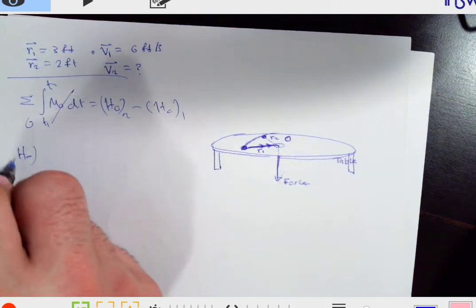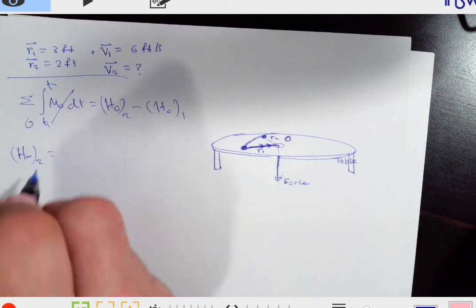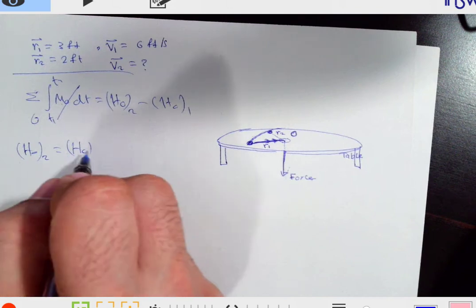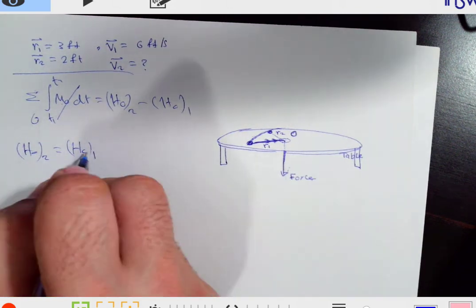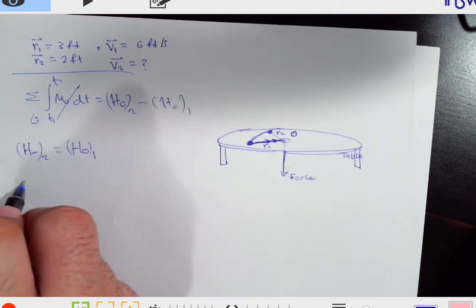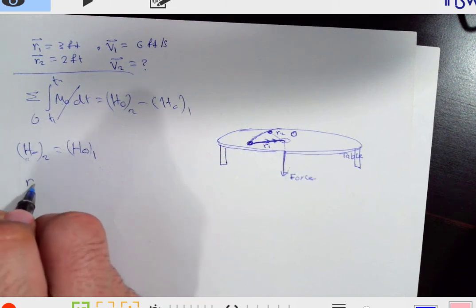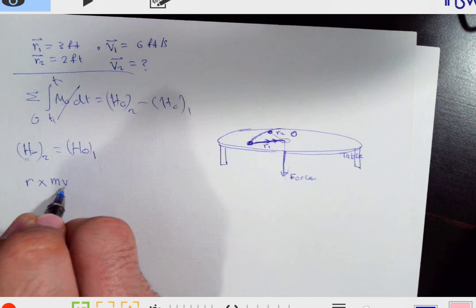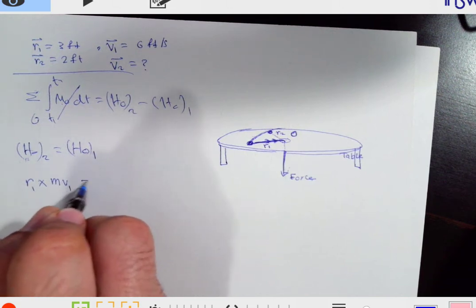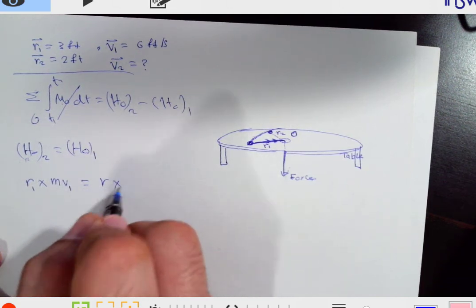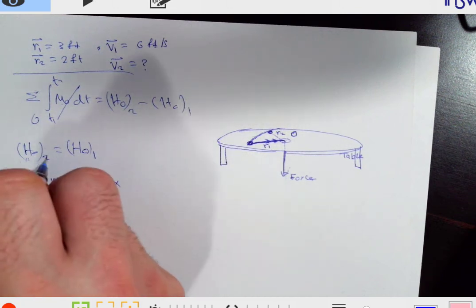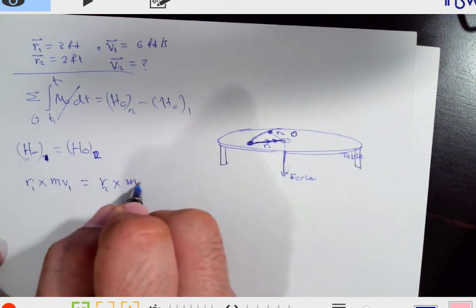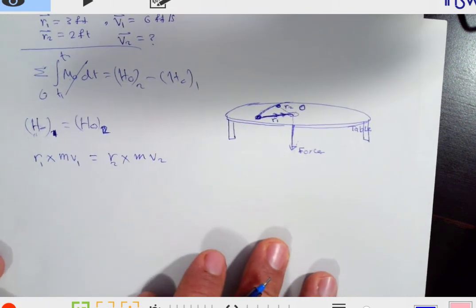So the angular momentum at radius r1 is equal to the angular momentum at radius r2, right? And this is simply r1 cross mv1 equal to r2 cross mv2, right?